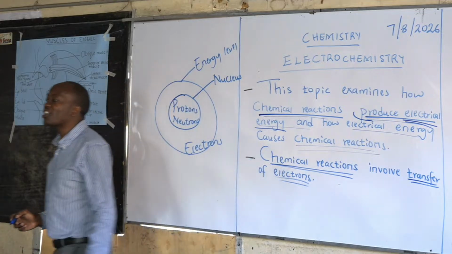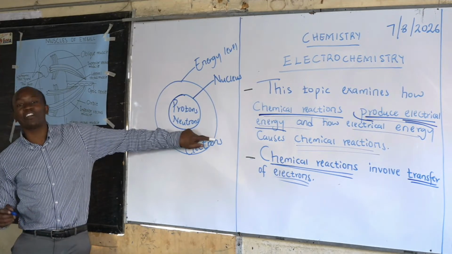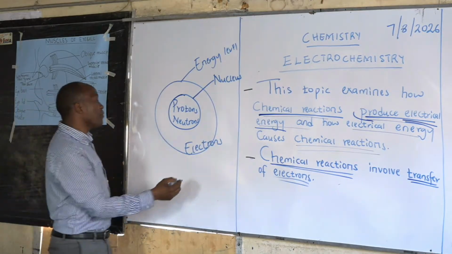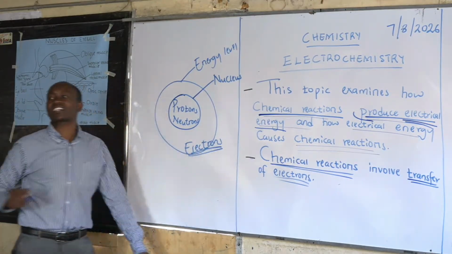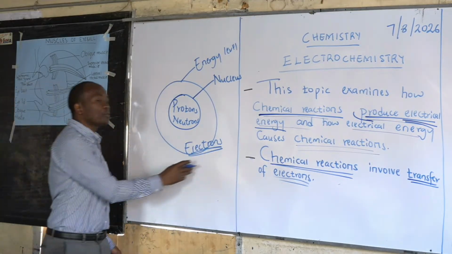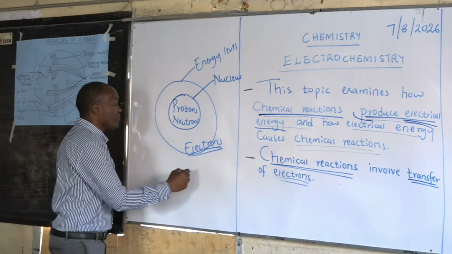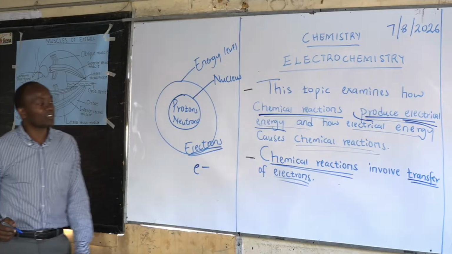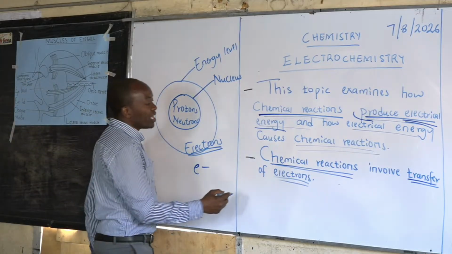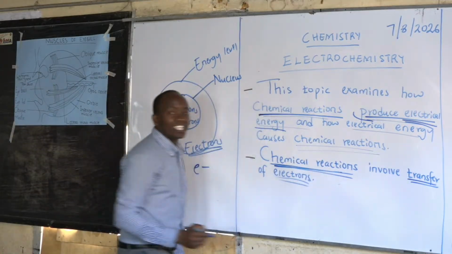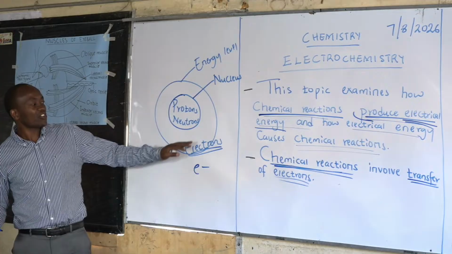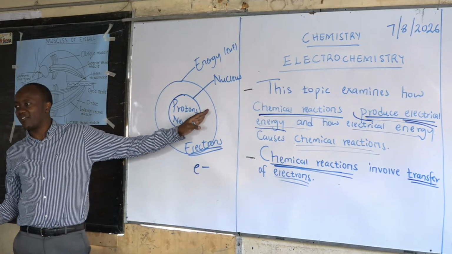It is a reaction originating from the energy level, because in the energy level we have what? Electrons. And the electrons have which charge? Negative charge. So today we are talking about chemical reactions, which originate from the energy level.